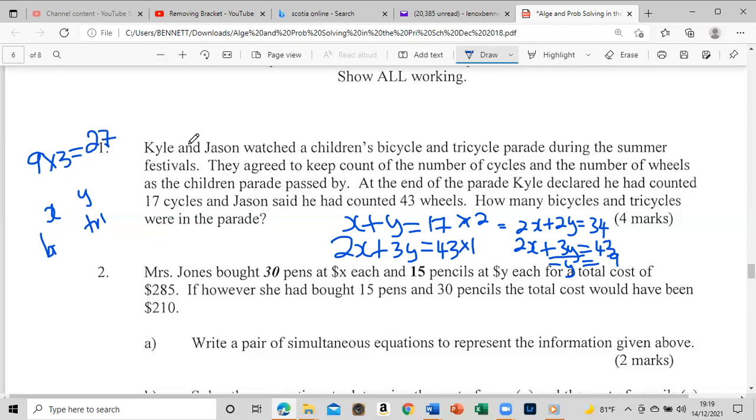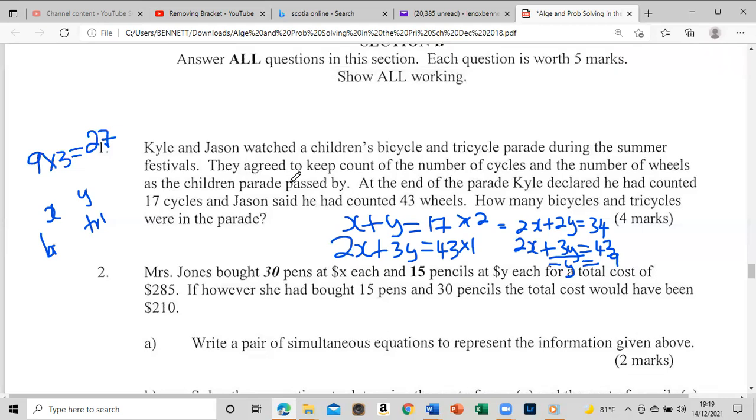All right, so how many bicycles now? We can't find how many bicycles easily. Yeah, put it in our equation then. But we can reason it out logically. How many in all? They said 17 cycles, right? So 8 bicycles, because if I subtract 17 minus 9, that gives 8.